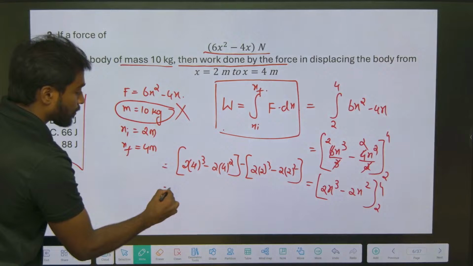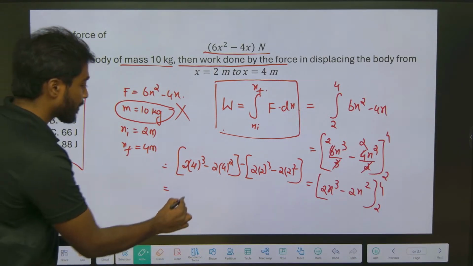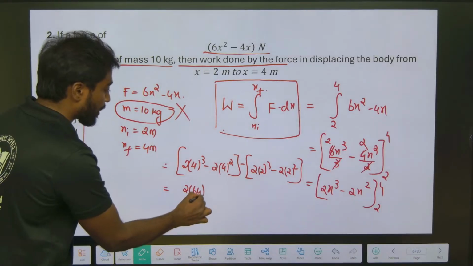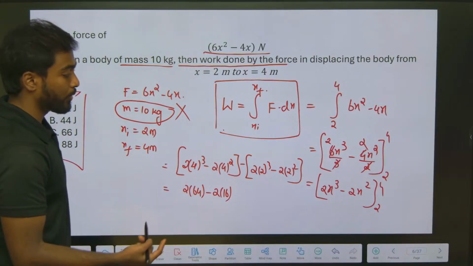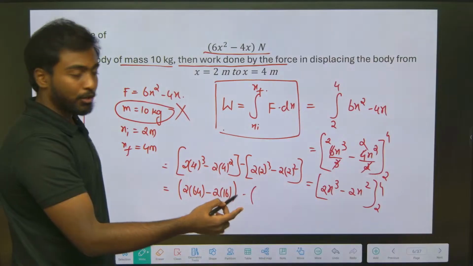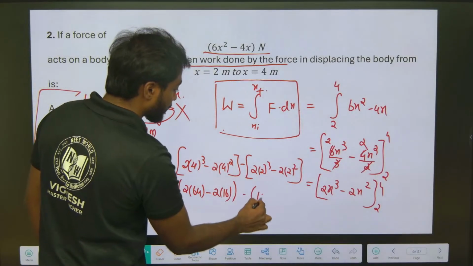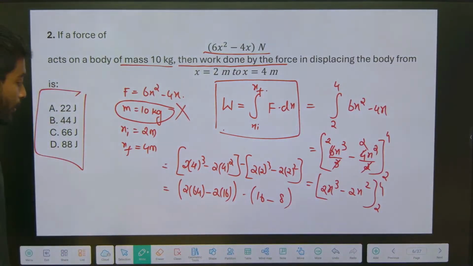So how much is 4³? 4 fours are 16, 16 fours are 64. So 2 into 64 minus 2 into 16, and this is again 2 into 8 which is 16, so minus 16.